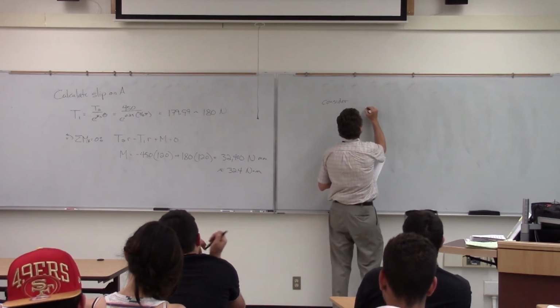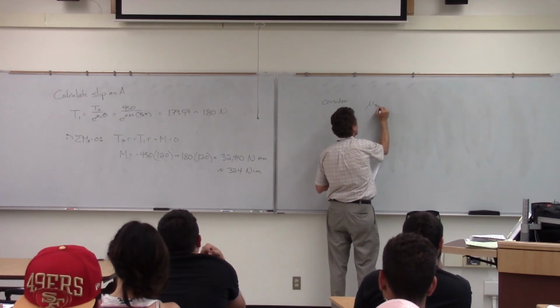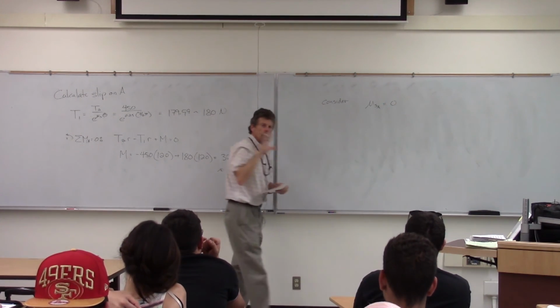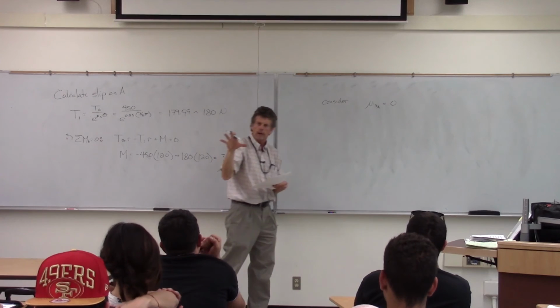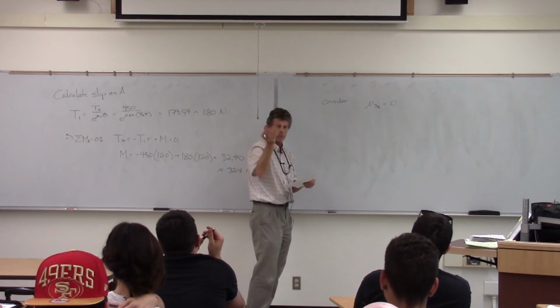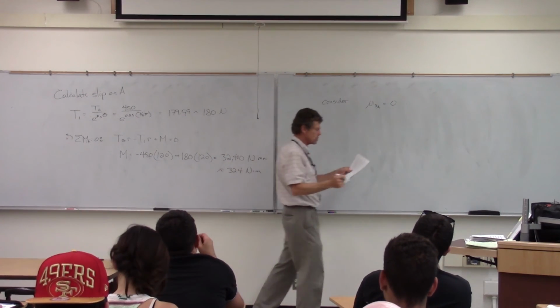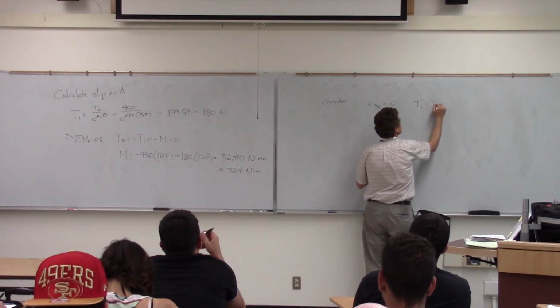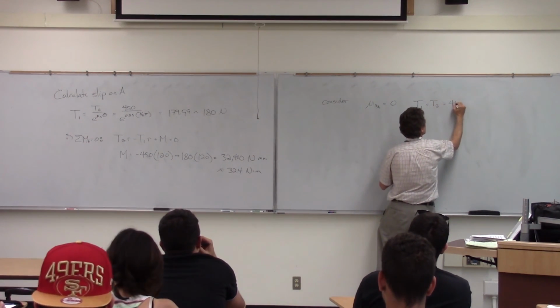But one thing to consider here: if the pulley A was frictionless, which we will have problems on, so make sure you remember that, T1 equals T2 equals the 450, right?